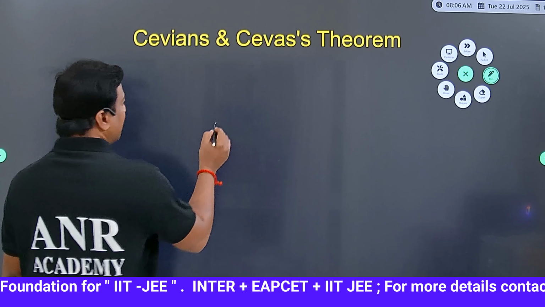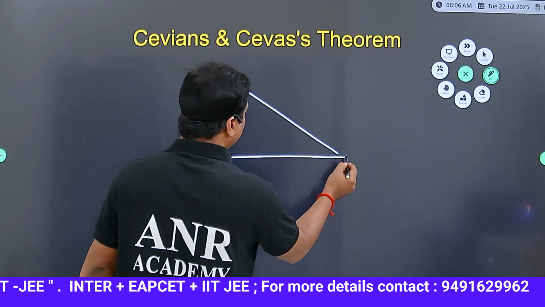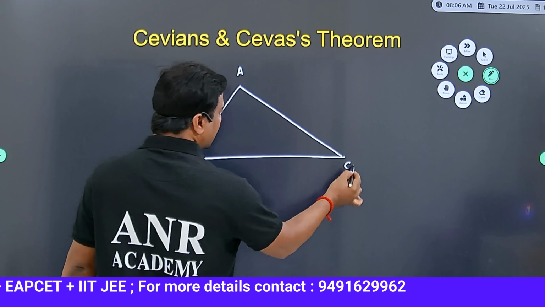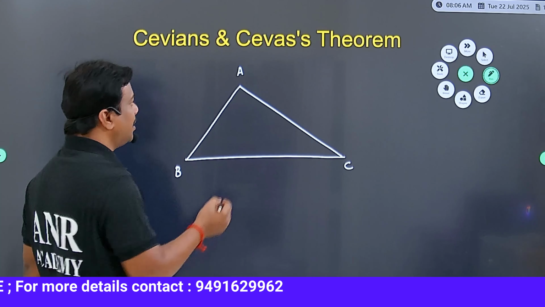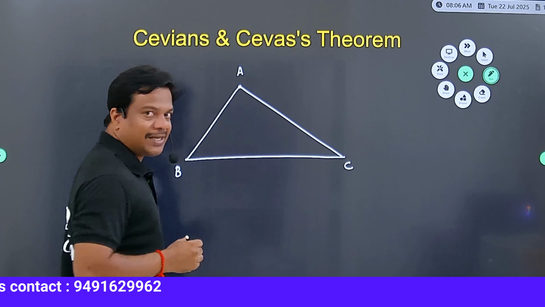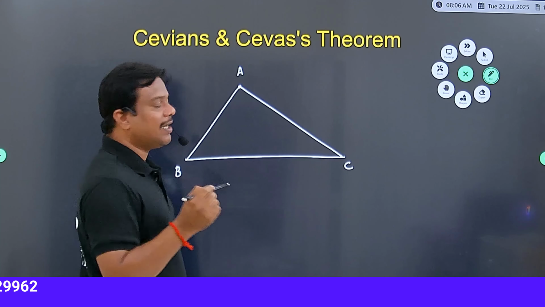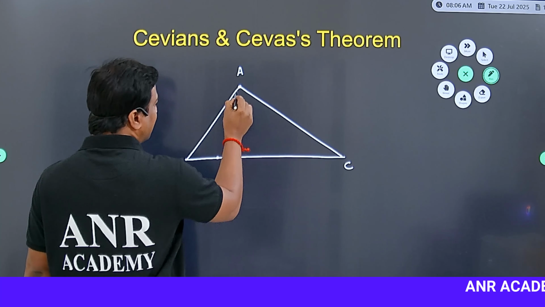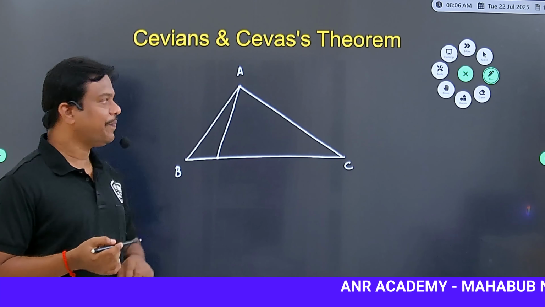See, if there is a triangle ABC, then there exist line segments whose initial point is one of the vertices and the other end point is on the opposite side. Then those line segments are called cevians of the triangle.